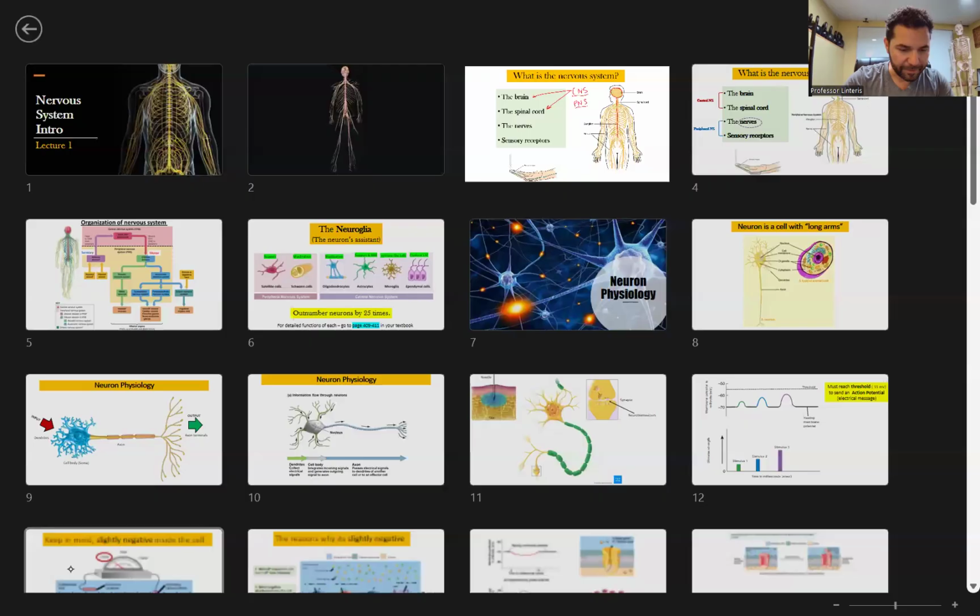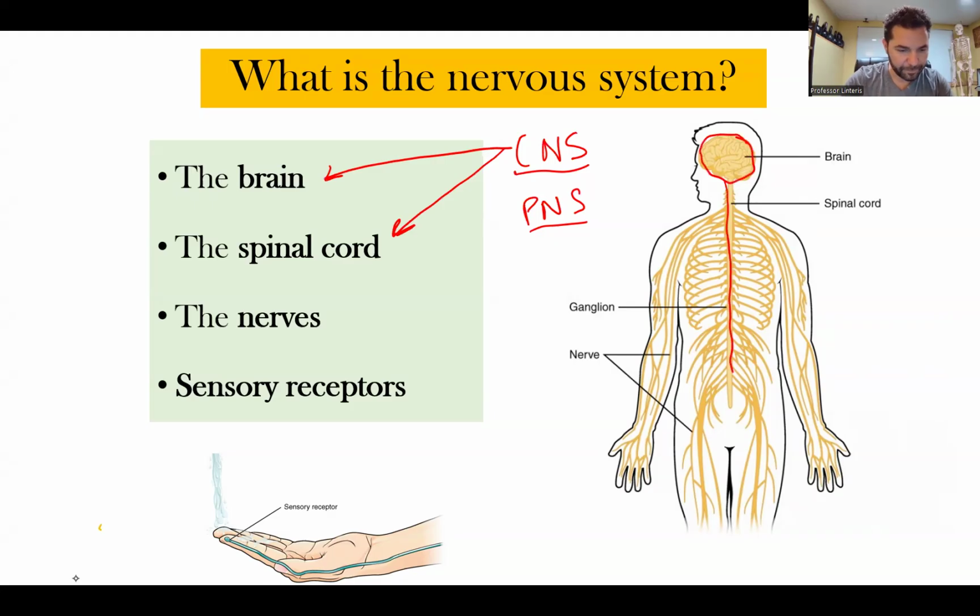Well, that's a very bad color to use. Oh dear. I shall use a different color. The nerves, which we can see branching off here, are part of the peripheral nervous system. An important component and kind of a separate division itself are sensory receptors.